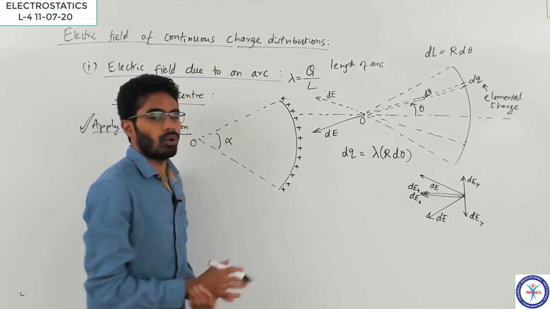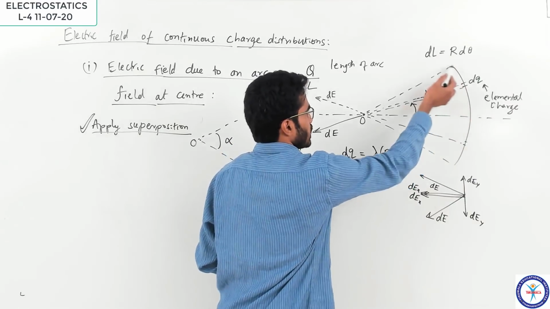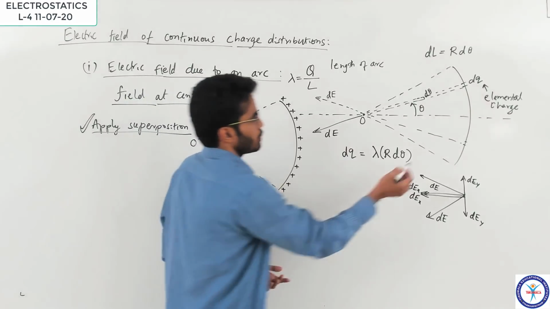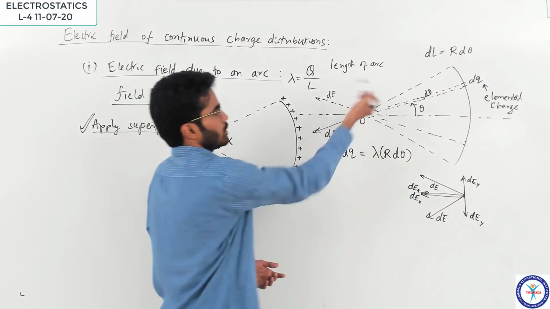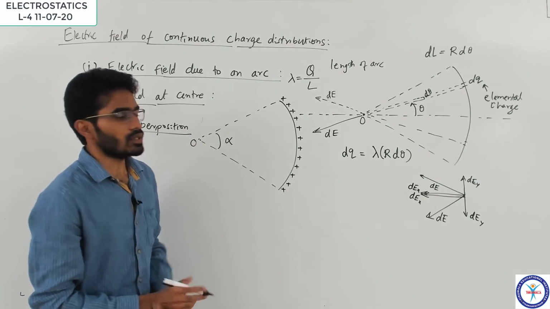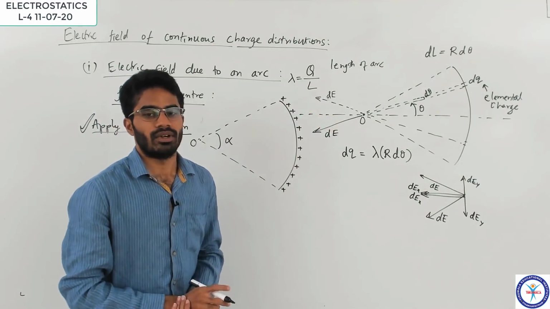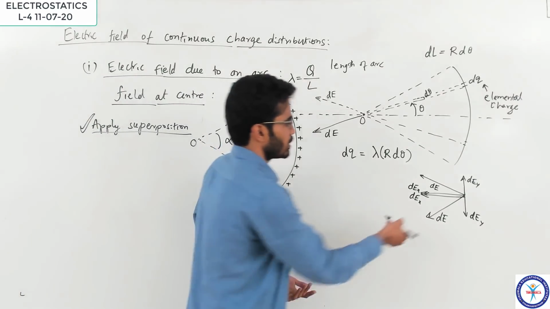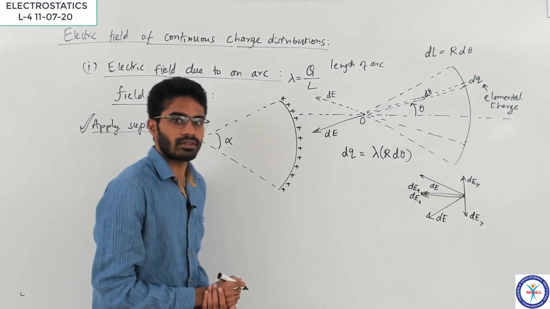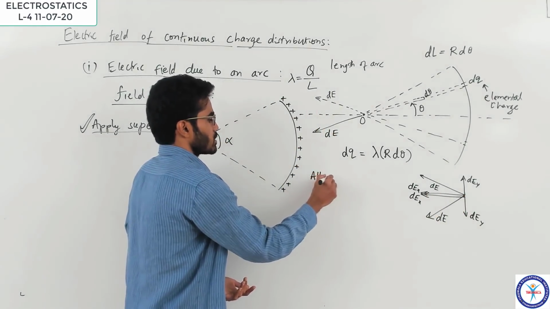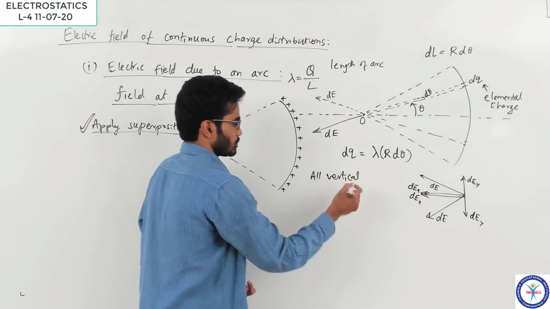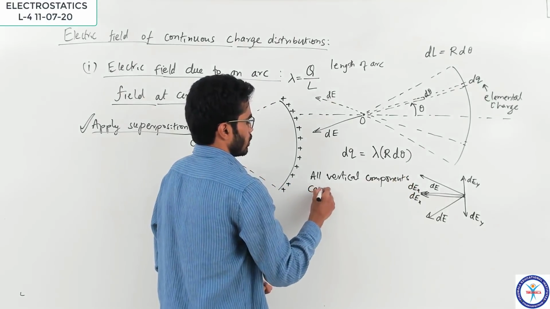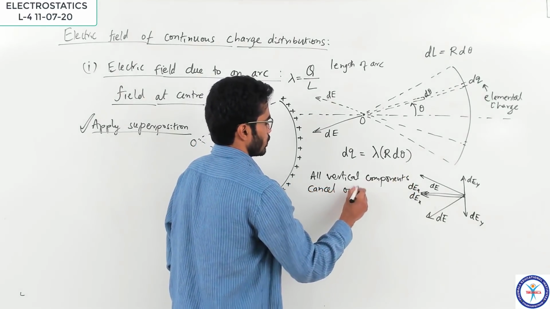So as a whole, the vertical components of the field produced by all of these will be cancelled by the field produced by those and their vertical components. So the vertical components cancel off. What will be the result is we will be only left with the horizontal components, right? So all vertical components cancel off. This is an important step. All vertical components cancel out.